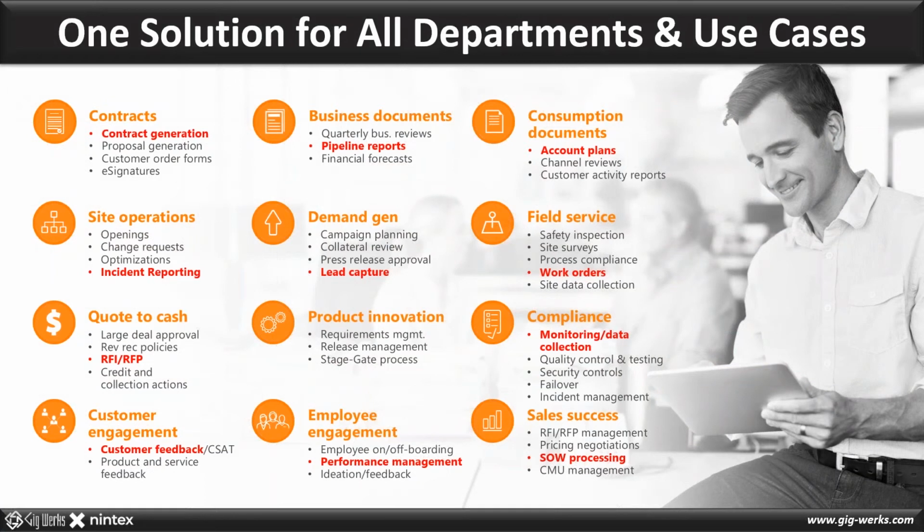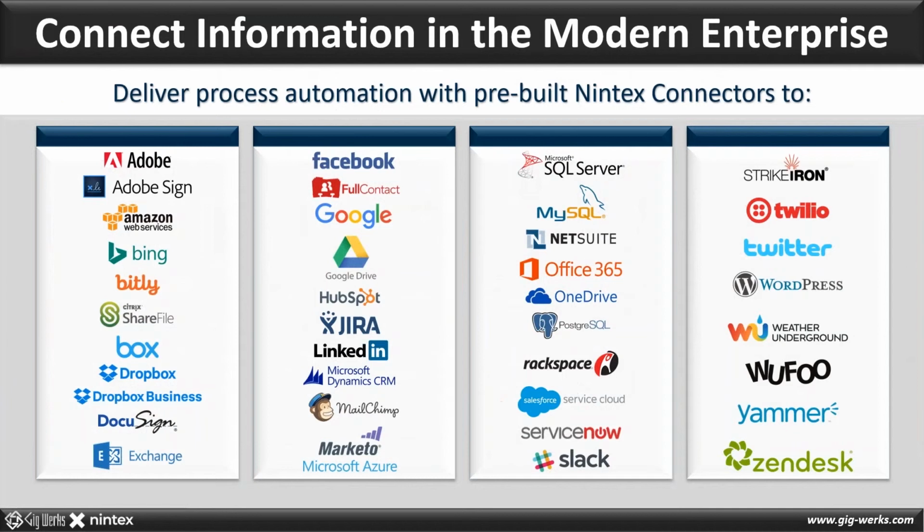And one solution for all departments. Today we'll walk you through a use case for HR, but as you could see, Nintex allows you to automate across processes and departments. These are just a few use cases Nintex can satisfy. They offer a number of pre-built connectors that also allow you to deliver process automation further.